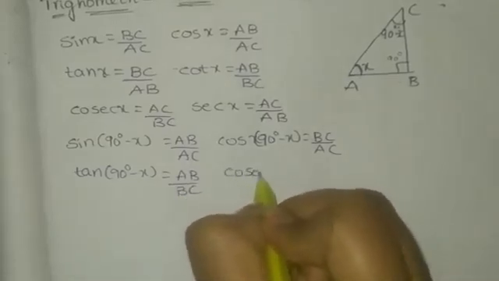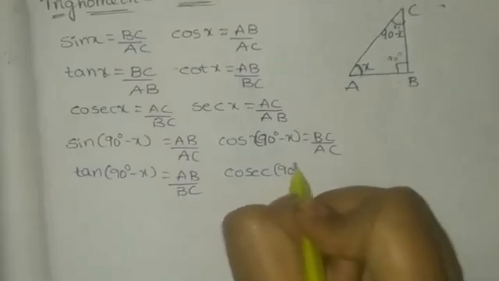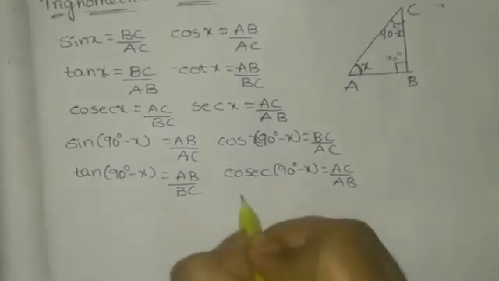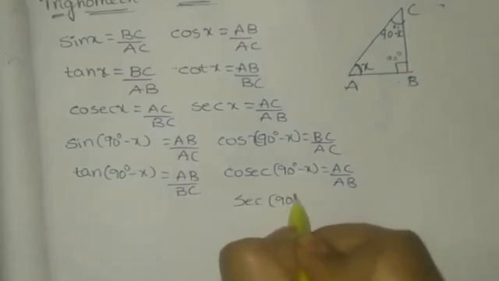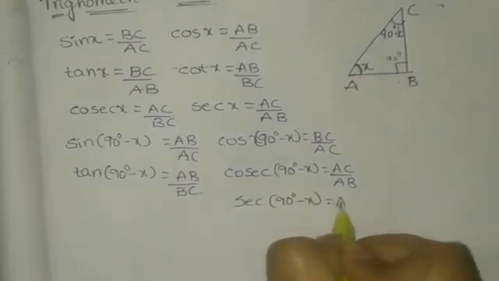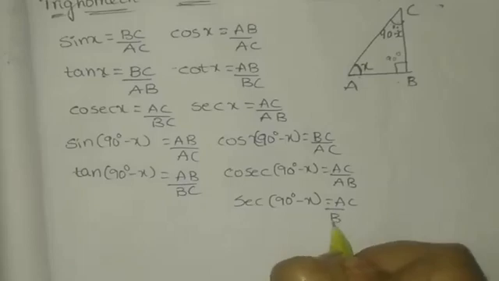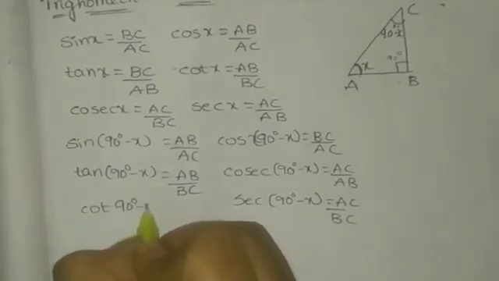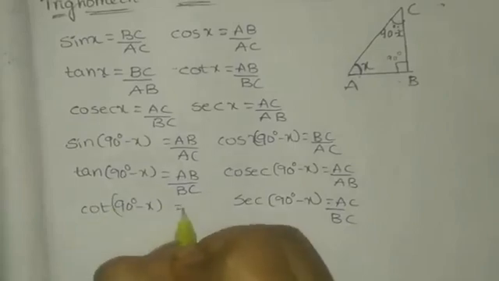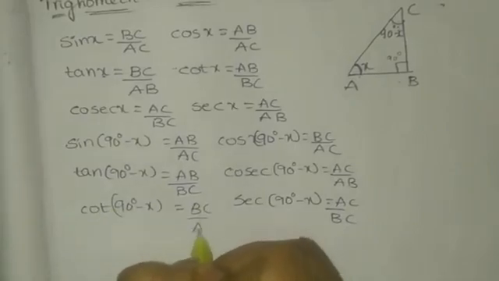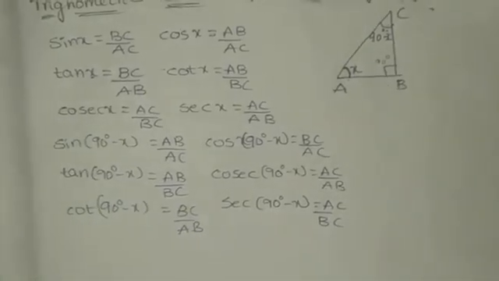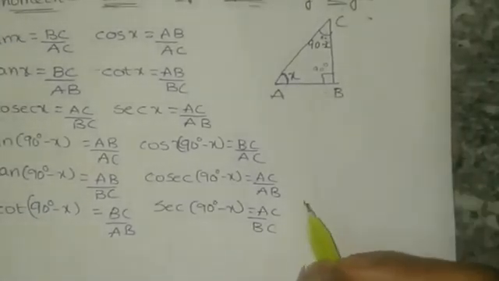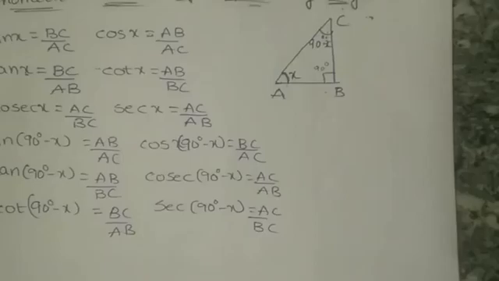And cosecant 90 minus X is AC by AB. Secant 90 minus X is AC by BC. The last one, cot 90 minus X is BC by AB. From these, we get all 6 formulas. Remember them.